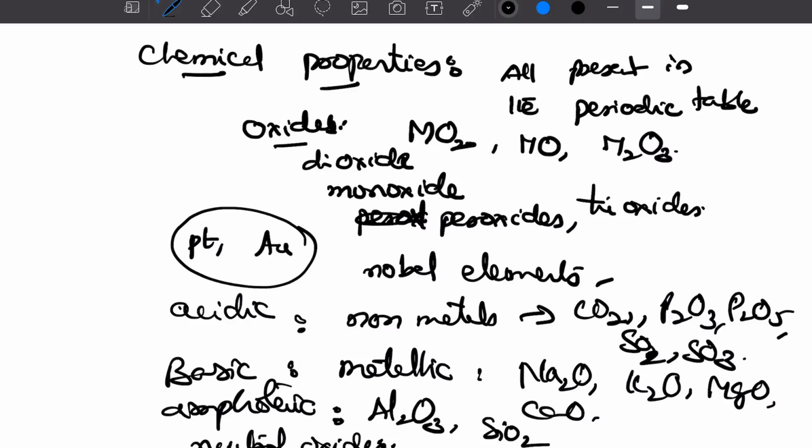A neutral oxide shows neither acidic nor basic properties. The main neutral oxides are NO nitric oxide, N2O nitrous oxide, and the third is carbon monoxide, CO. These three are the important neutral oxides. So that is about dioxygen preparations, chemical properties, and reactions. This is the most important one.